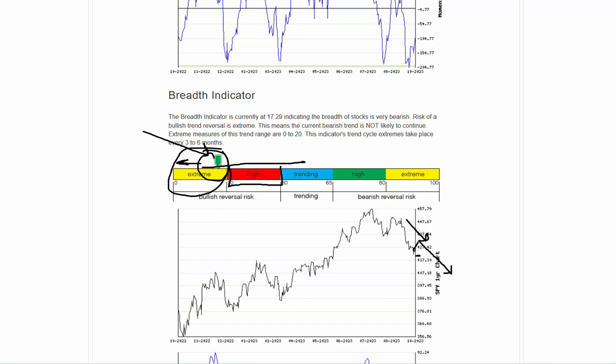So if you see these arrows when they're over to the extreme of one direction or the other, if it's all the way to the upside here, it'll be red because the reversal risk is down, and so it's bearish. Right now the reversal risk is that it's too deeply oversold this direction, and so the reversal risk is bullish to the upside.